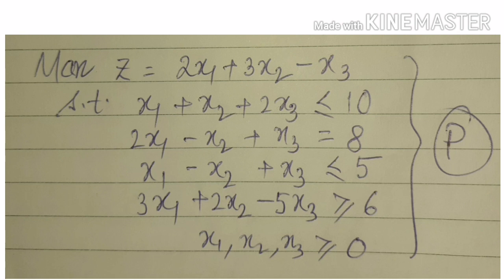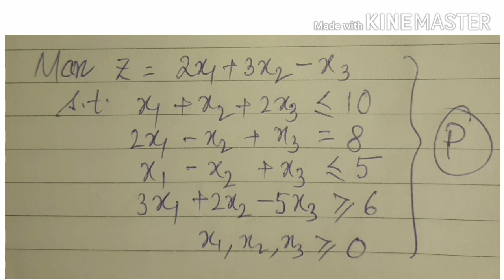Here we see the second constraint is an equality and the objective function is to maximize. So we transform the problem into maximization symmetric form, that is, to convert all the constraints into less than or equal to type.